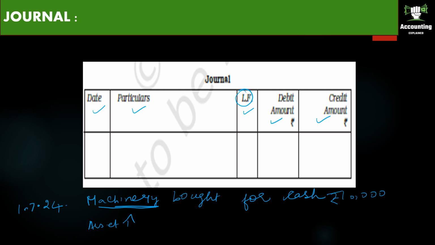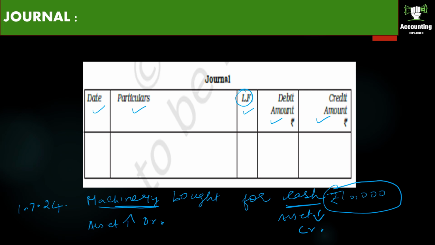When the asset increases, what will happen? You are going to debit it. Okay, and we have bought it for cash. Cash is also an asset, what we own. Since we are paying by cash, cash is going to be reduced, asset is going to be reduced. When the asset decreases, it has to be credited, and the amount for both is rupees 10,000.